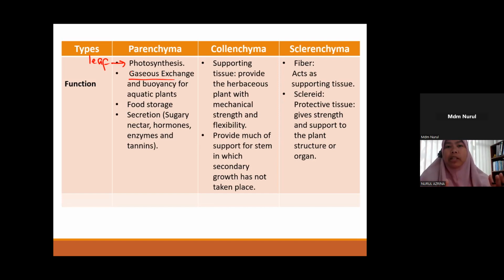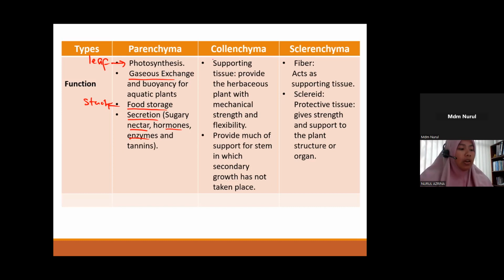That's why aquatic plants can float. Parenchyma cells are also involved in food storage, to store starch, as we discussed earlier. And they are involved in secretion of nectar, hormones, enzymes, and also tannin for plants. So that is the function of parenchyma.